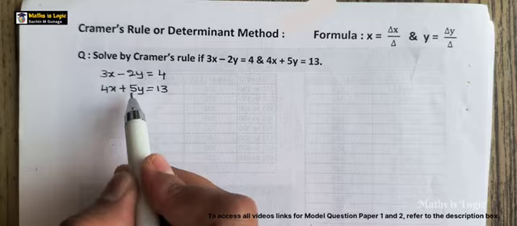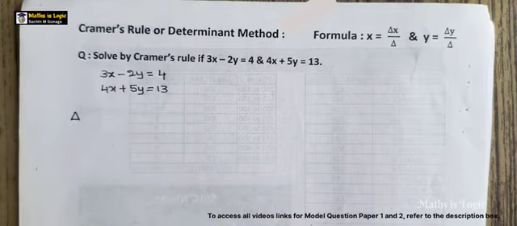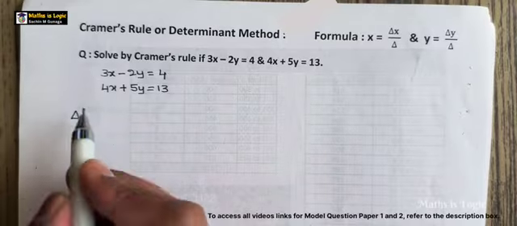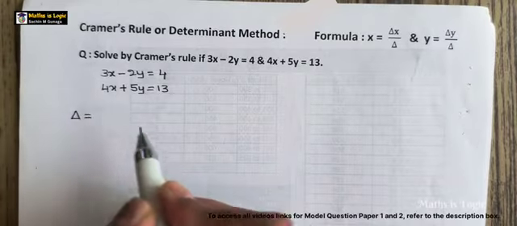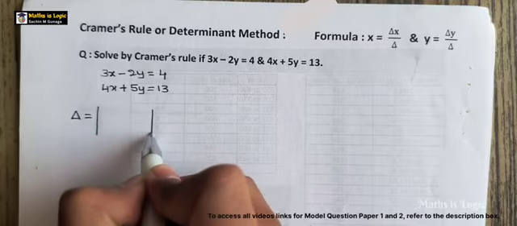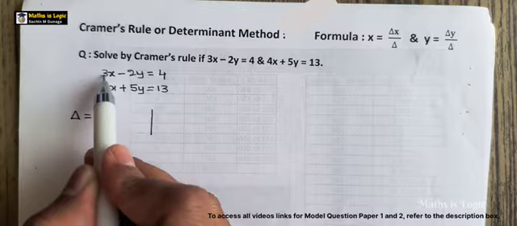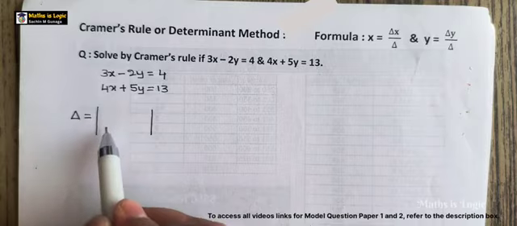After writing the two equations, the first step is to find delta. To get this delta, in determinant form, first write the x coefficients as the first column.